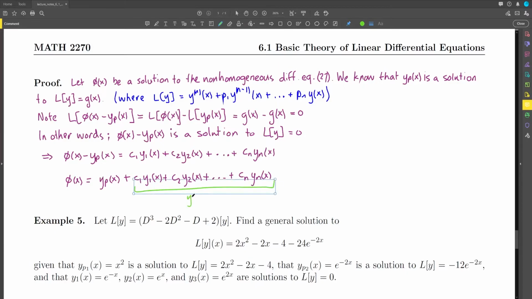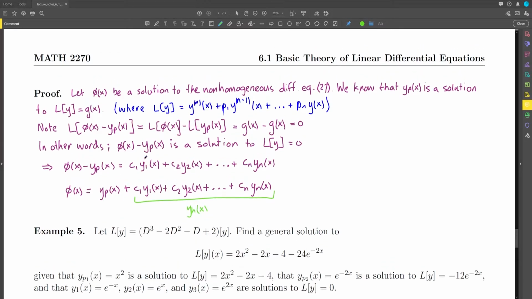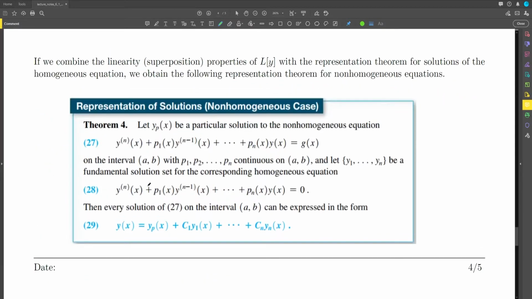So this is yh of x, the solution to the homogeneous equation, plus a particular solution gives us the general solution. So that's what we needed to show. As long as we have a fundamental solution set for the homogeneous equation and a particular solution to the non-homogeneous equation, we can combine those two to find all solutions.